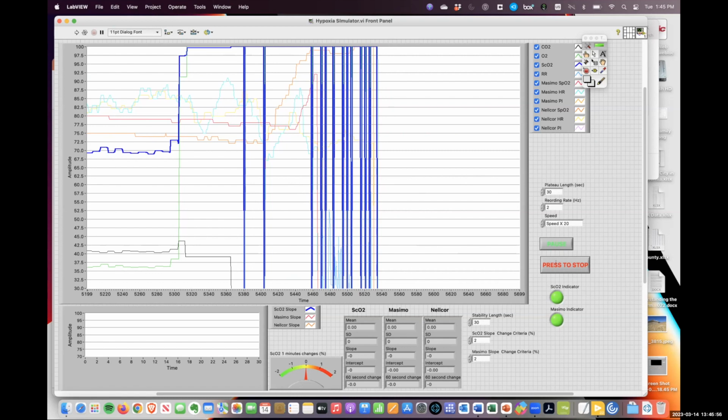So again, hopefully for the people who have never seen one of these studies, this gives you a sense of what a real desaturation study looks like and the challenges we have.